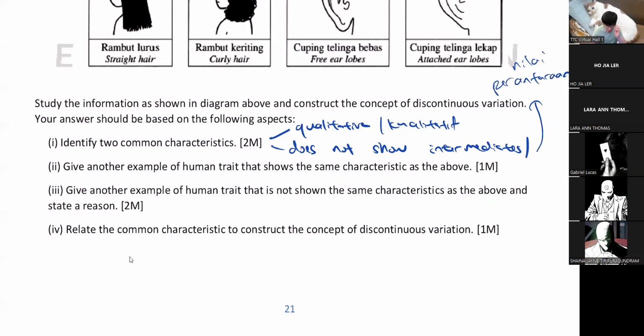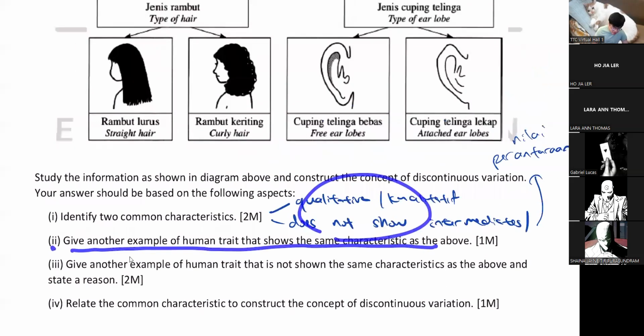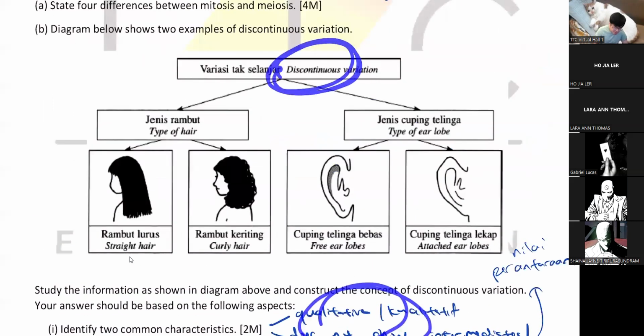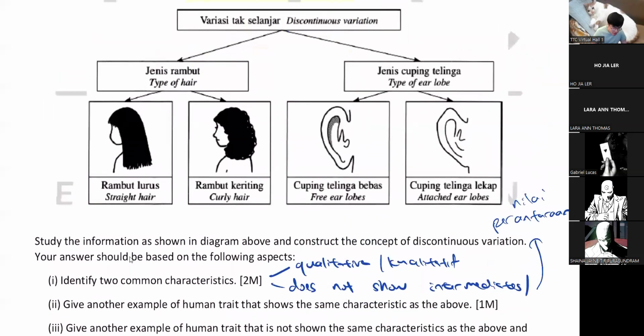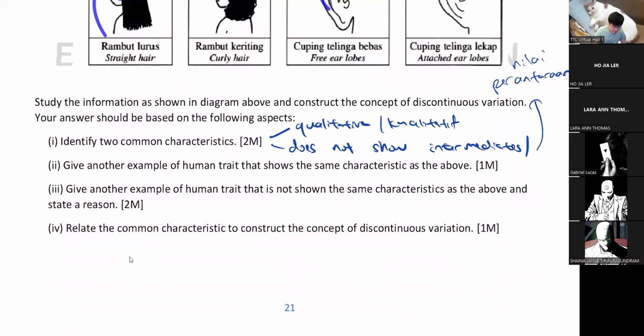So I'm just going to keep it short here. You see, as long as you study, they will lead you question by question. Number 2, give another example of human trait that shows the same characteristic as above. This is discontinuous, right? That means, in short, to give another example of discontinuous. Besides hair and earlobe, what else?